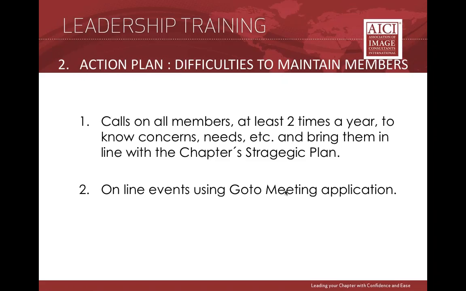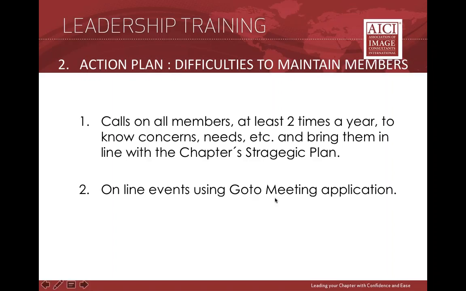About the difficulties to maintain members, the idea is to call them at least twice a year to know their concerns and their needs. Try to put them in a strategic plan, so the chapter can decide many actions to do based on what the members of the chapter need.